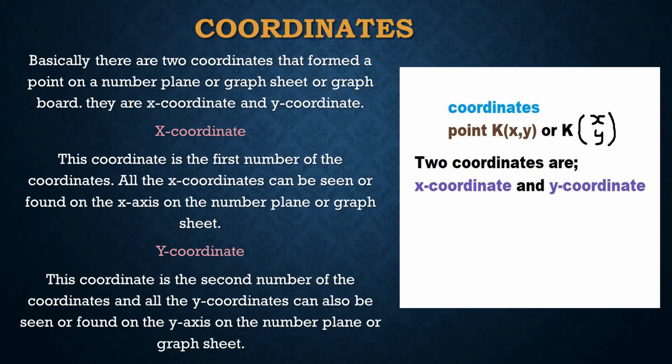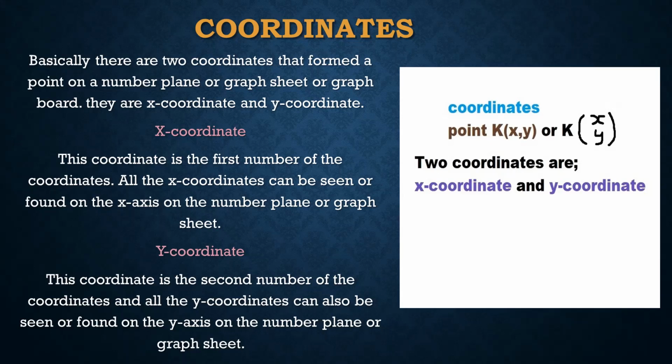All the x coordinates can be seen or found on the x-axis, or on the horizontal line on the number plane or graph sheets. So this is how we can locate the x coordinate. All the x coordinates are found or can be seen on the x-axis or on the horizontal line.